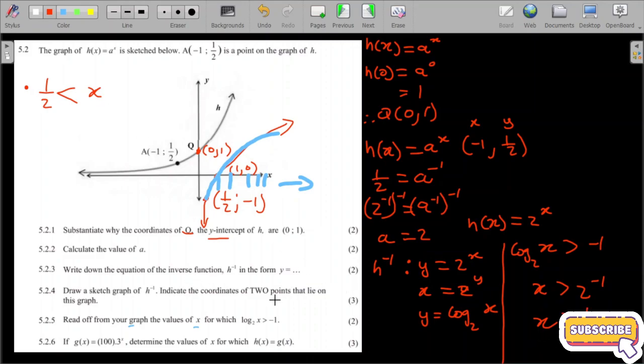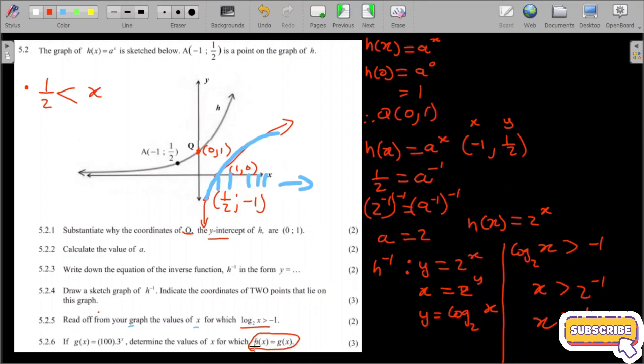So exactly the same thing. Just reading from a graph, you can use it like this, but even if you solve it here, it's going to give you the same answers, so you're going to get the full marks.